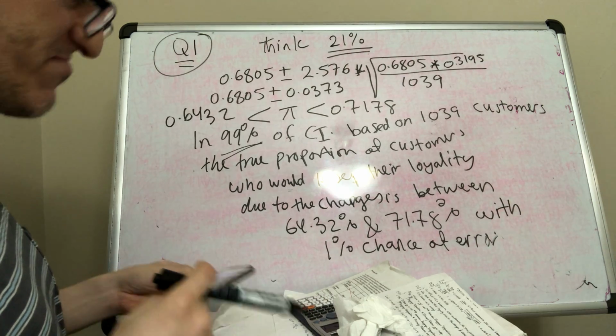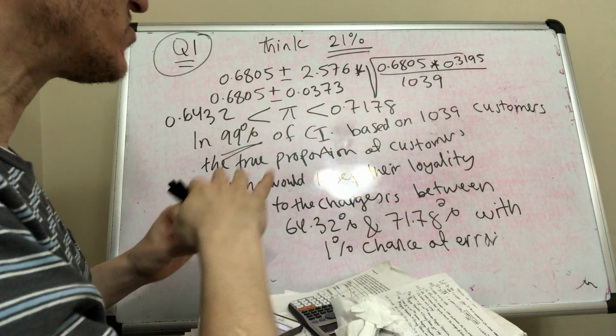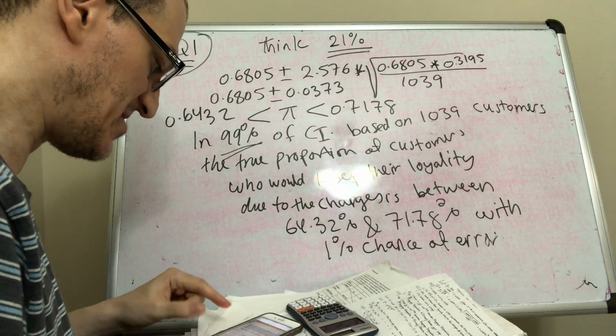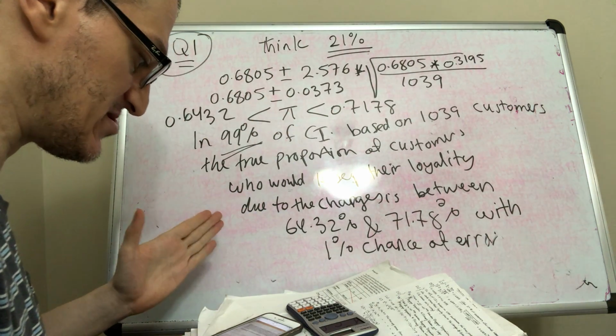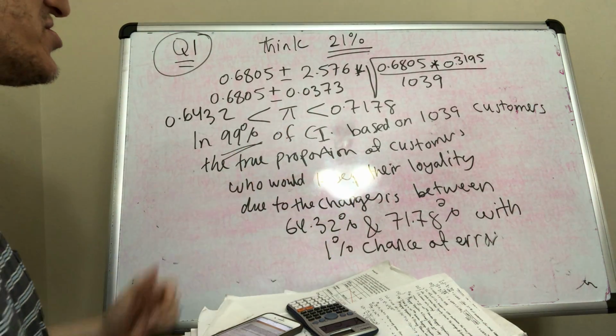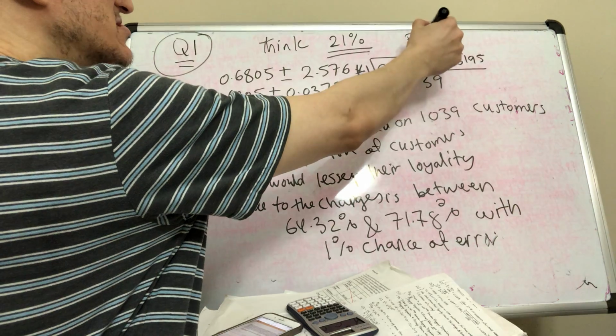And it was only a one-part question. I also want you to keep in mind, this question was obviously a confidence interval. It says confidence interval for proportion, so we know it's one proportion, and right away it's this formula.